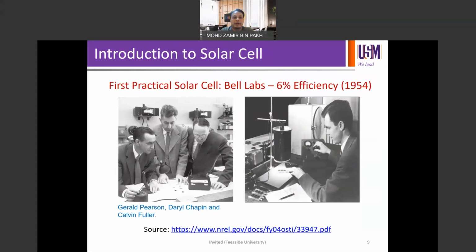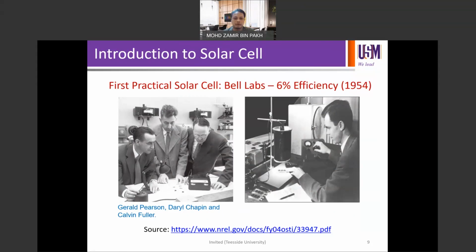This is the first practical solar cell, realized with 6% conversion efficiency, by the three people you can see in the picture: Gerald Pearson, Daryl Chapin, and Calvin Fuller. On the right-hand side you can see the measurement being done in order to determine the output, or the electricity generated, by the solar cell fabricated in the lab.